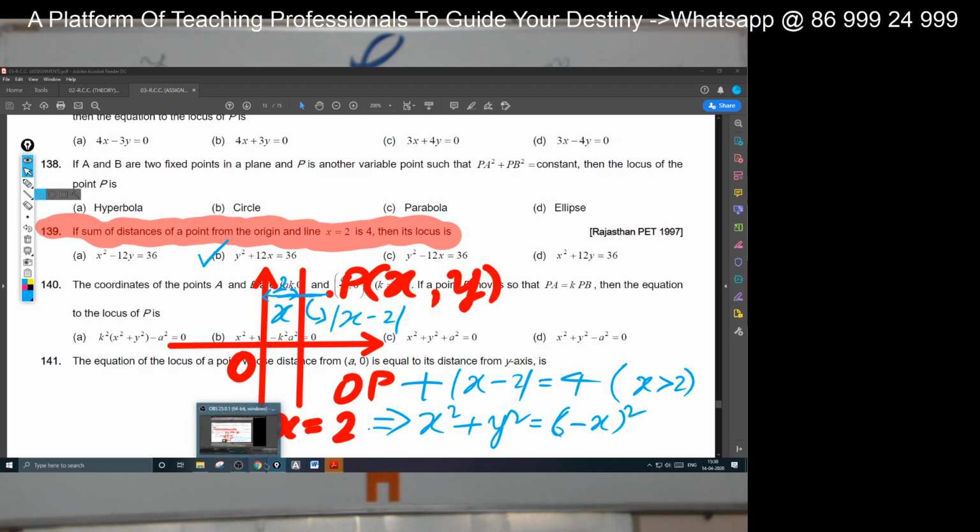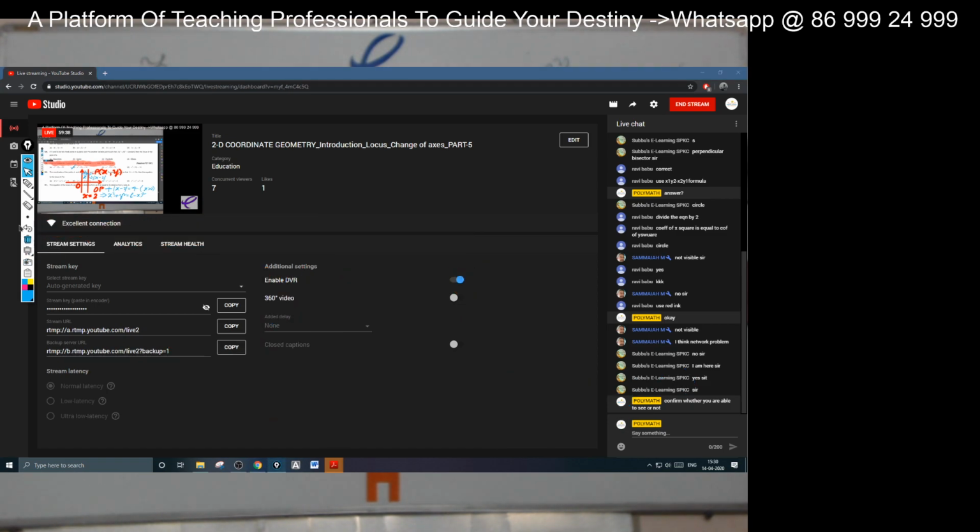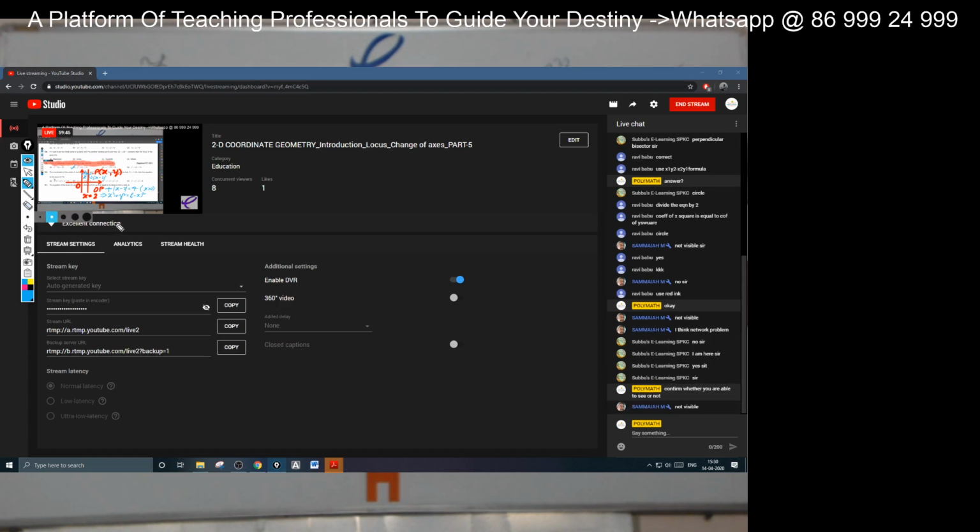Yeah. Here my network is very clear because it is showing that it is in excellent condition. I'll show you that. Just see. It is shown to be excellent condition. Okay.